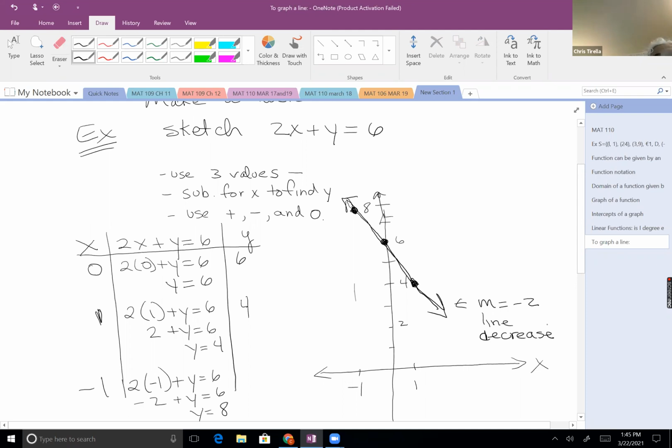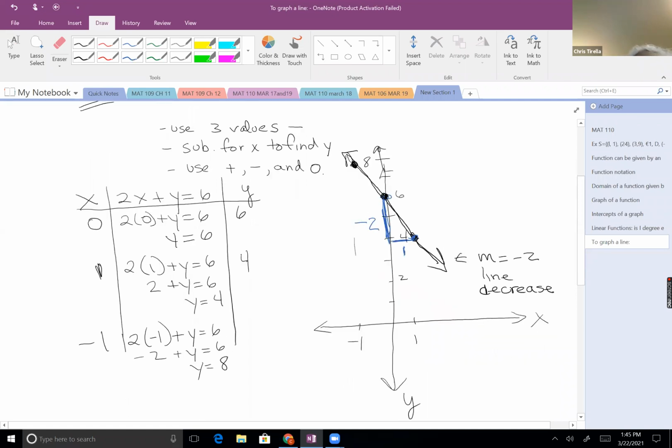And sometimes if I have a graph in front of me, in order to find the slope, rather than pulling that formula out, I almost count blocks when I go from one point to the other. Do you see how I go down 2 over 1? So that would give me the slope -2 over 1.